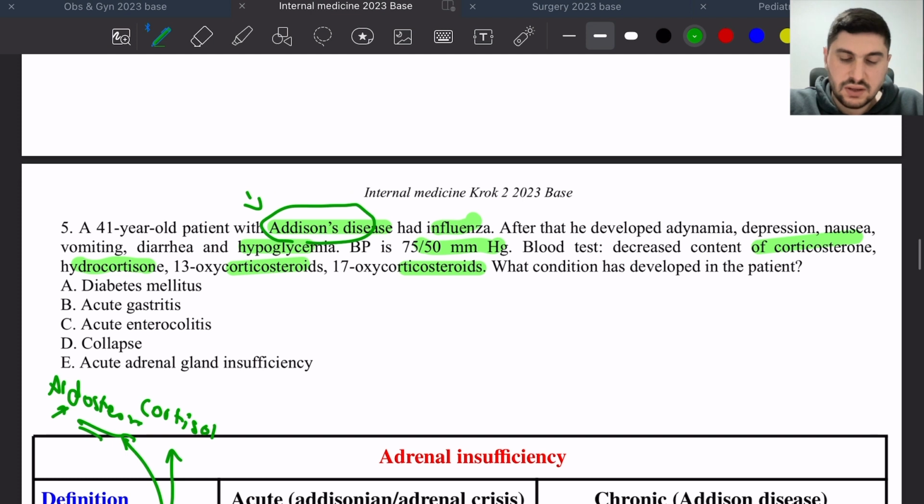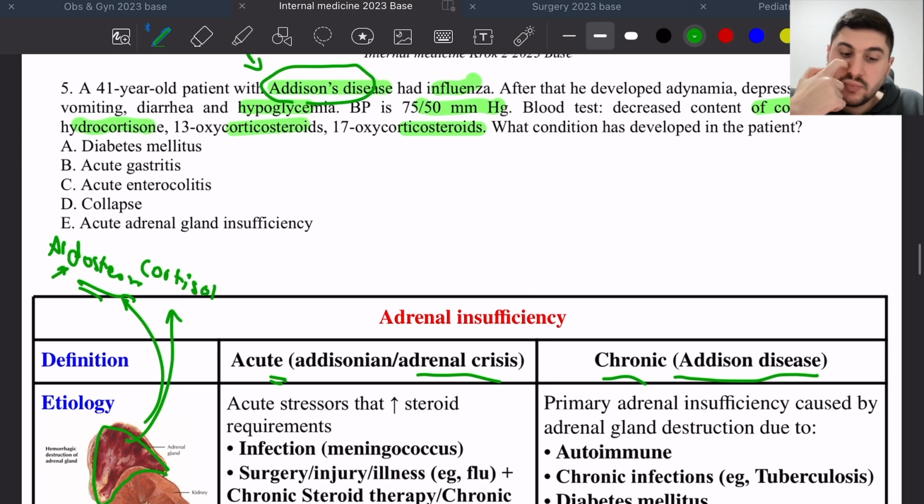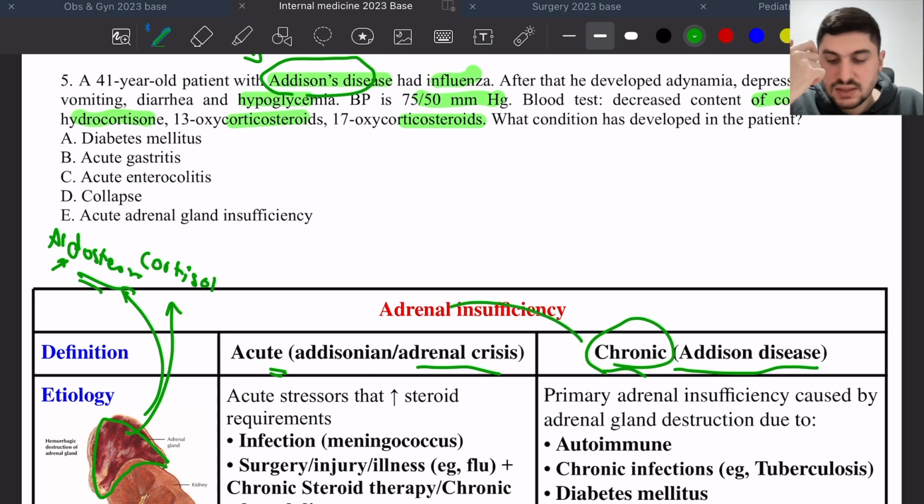So what we had here in this patient is Addison's disease, chronic autoimmune inflammation of the adrenal gland. Chronically, he had low function of this gland, but this chronic disease can turn into acute when there is acute stress on this gland.